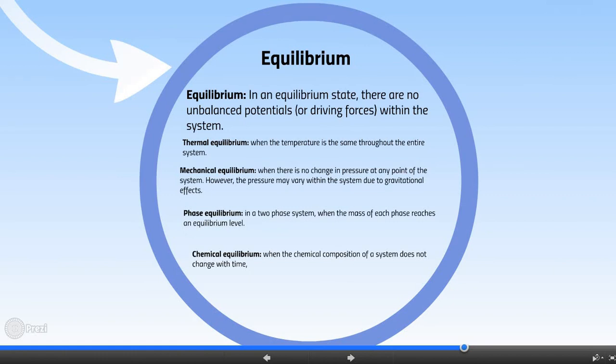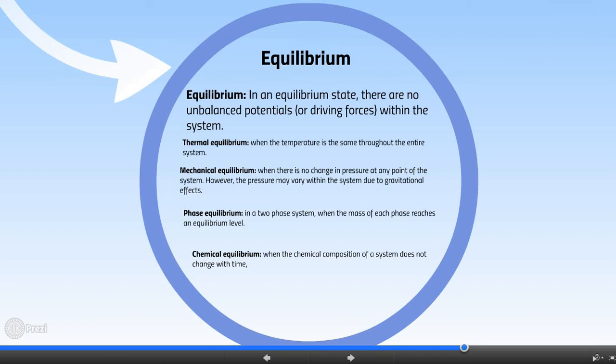For example, higher pressure at a bottom layer is balanced by the extra weight it must carry, and therefore there is no imbalance of force. The variation of pressure as a result of gravity in most thermodynamic systems is relatively small and usually disregarded.